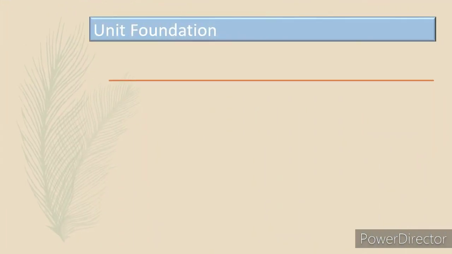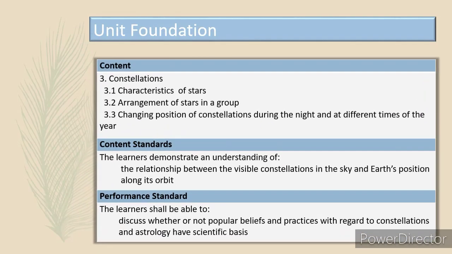The unit foundation: the content standards and performance standard. The content would be constellations, and under that are the characteristics of stars, arrangement of stars in a group, and changing position of constellations during the night and at different times of the year.